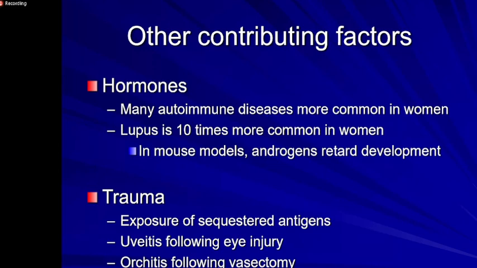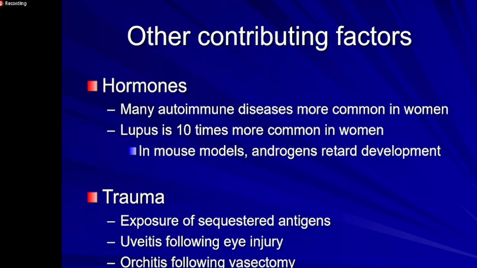And this has actually been studied in the laboratory. And you can go and read about different hormones and the role we think they play in contributing to the autoimmune diseases.